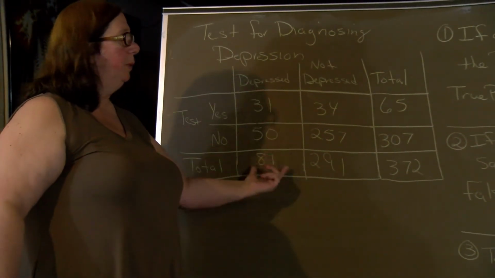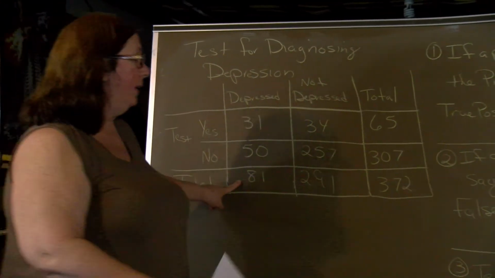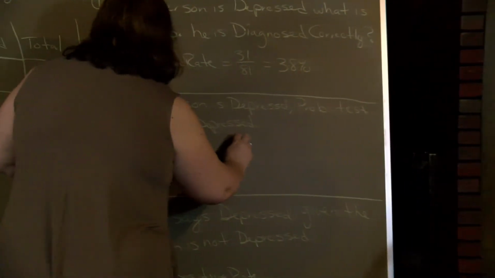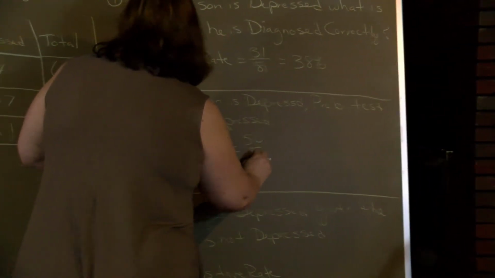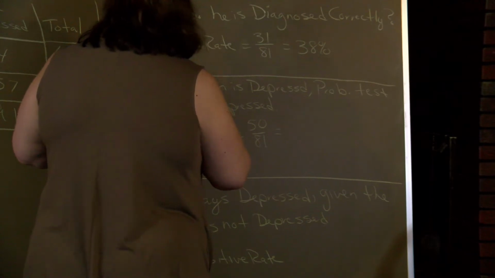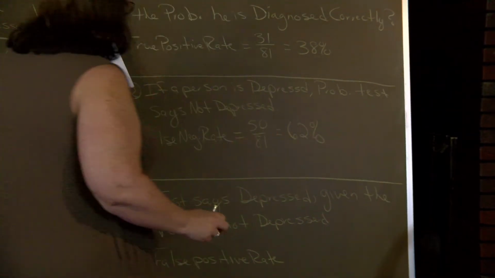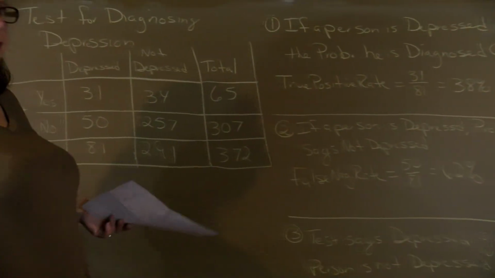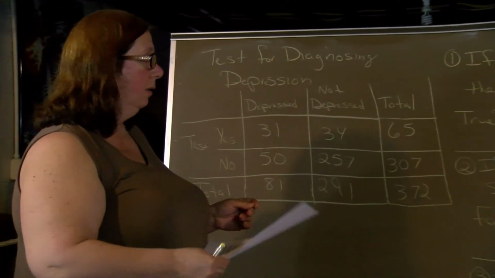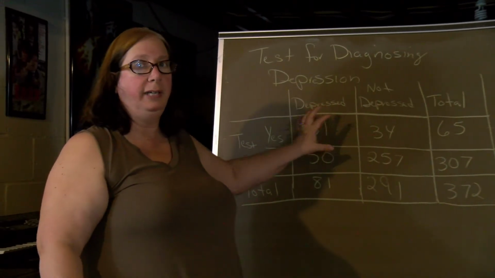But we also know the person's depressed because it said they were depressed. So it would be 50 out of 81, which is 62%. So our false negative rate is 62%. That means that 62% of the people who need our help aren't going to get it if they just use this test.